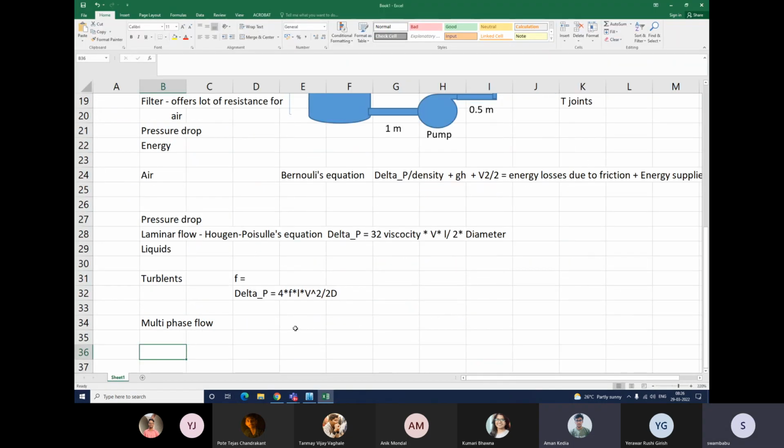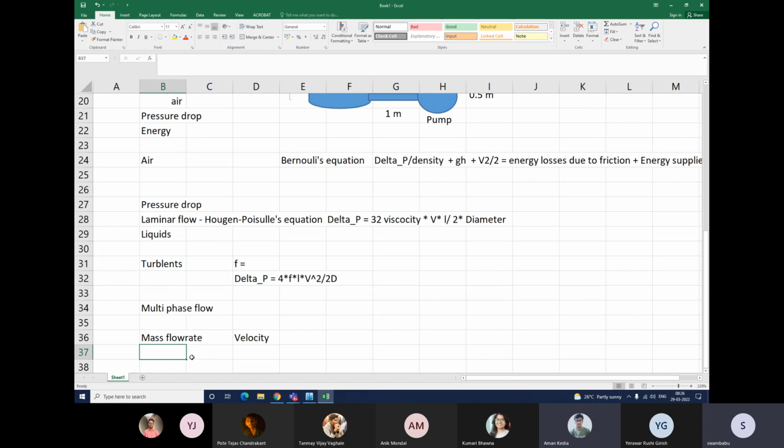Mass flow rate influences the pressure drop calculation because it has a velocity term. Mass flow rate directly relates to the velocity.